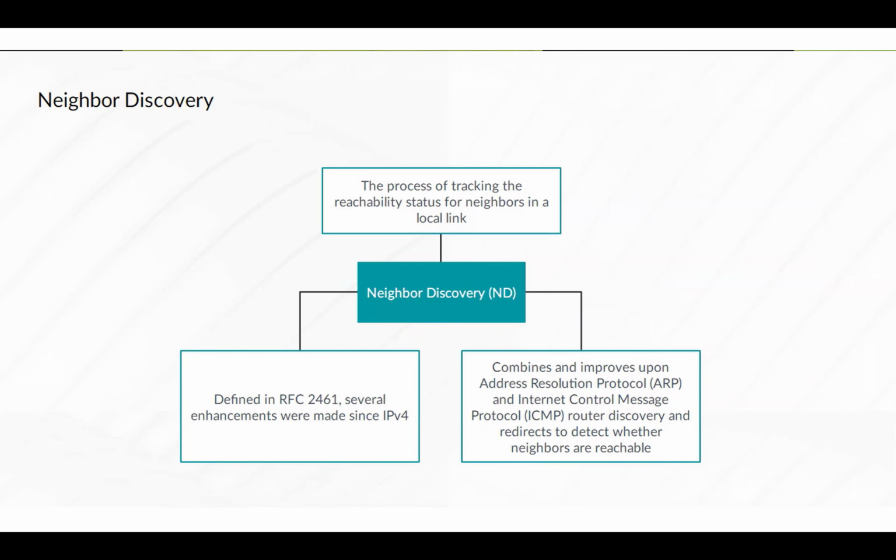Neighbor discovery. How to discover a neighbor? In IPv4, ARP is responsible, ICMP is also responsible, or another protocol dedicatedly used to discover neighbors, like CDP or LLDP.